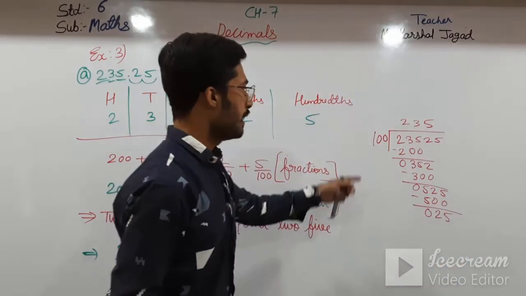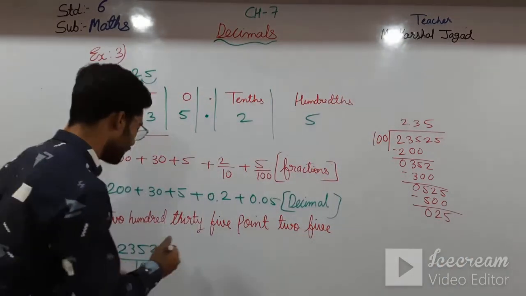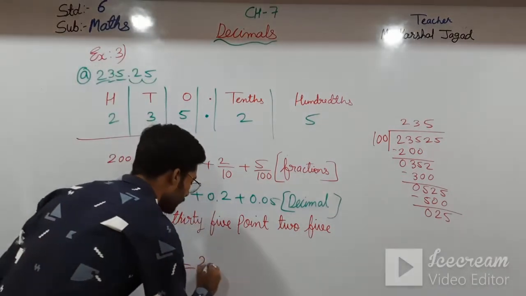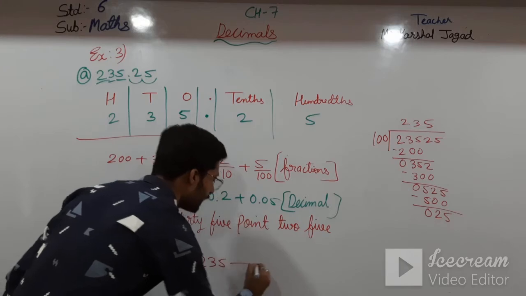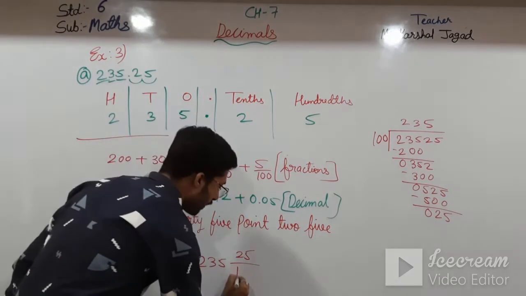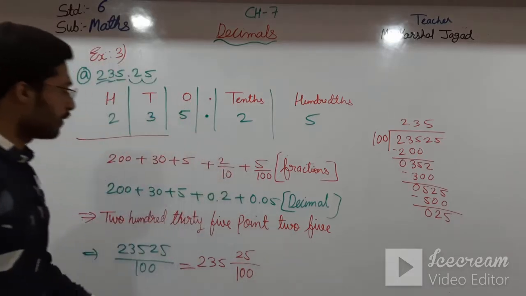Okay students, now you can write this as the mixed fraction 235 and 25 over 100.